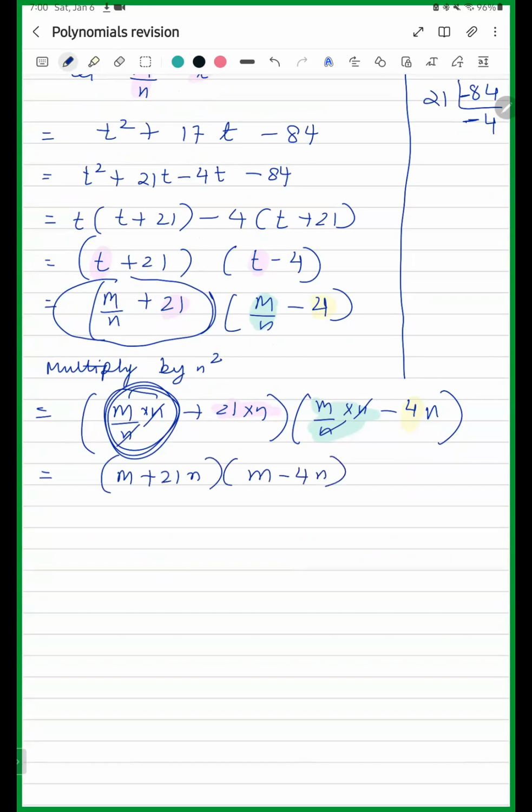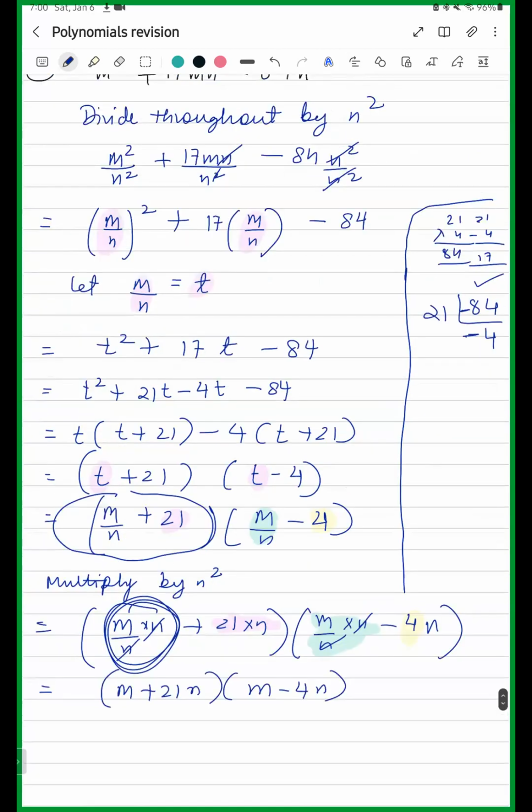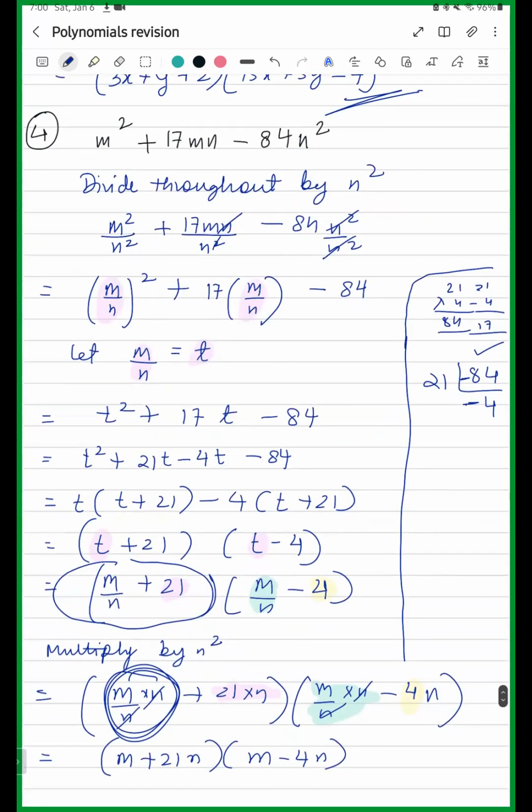Let me see if this is the correct answer. Question number. Yeah, good. Okay, please note it down.